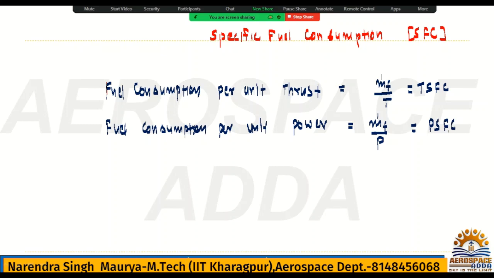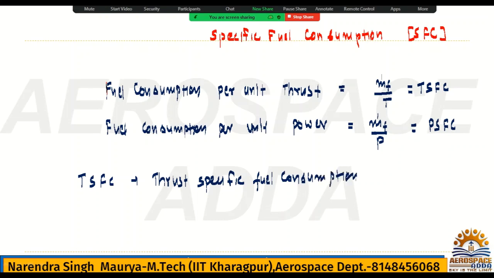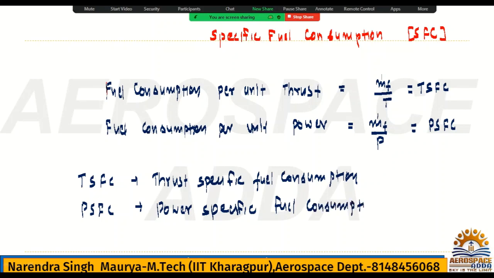When I explained range and endurance, at that time I had given this TSFC and PSFC. So TSFC is called thrust specific fuel consumption, and PSFC is nothing but power specific fuel consumption.